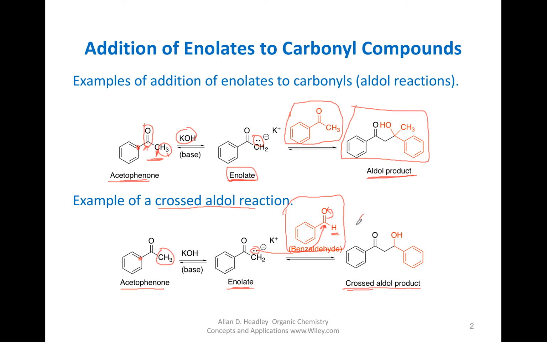So again, you should be able to look at this molecule here and determine what the reactant molecules are. In other words, what is the enolate? Here's the enolate right here because of this alpha carbon.